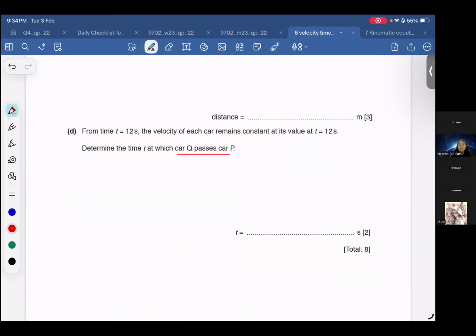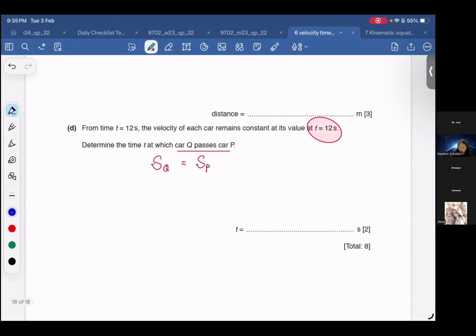Car P needs to pass car Q. You have to make sure that at the moment it passes, the distance traveled by car Q must be equal to the distance traveled by car P. Before time equals 12 seconds, how far did car Q travel?